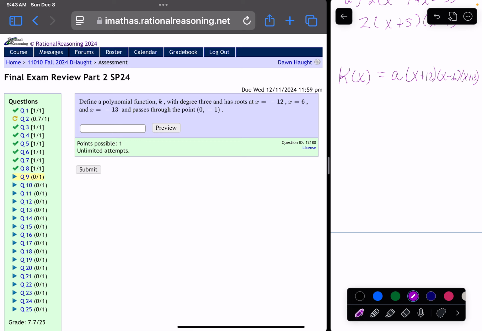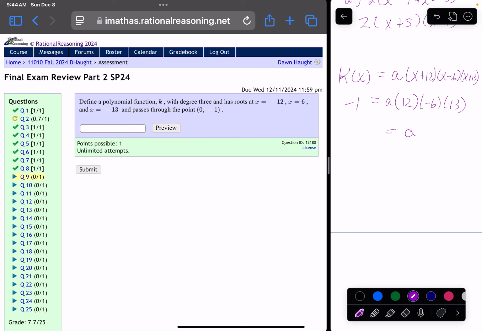And then we want to go through the point 0, negative 1. So when I plug in 0, I need to get negative 1, okay? So think about the fact that if I plug in 0, I should get negative 1. So if I plug in the k of x is negative 1, or your y value, and this is a, 12, negative 6, and 13, because 0 plus 12 is 12, 0 minus 6 is negative 6, and so on.